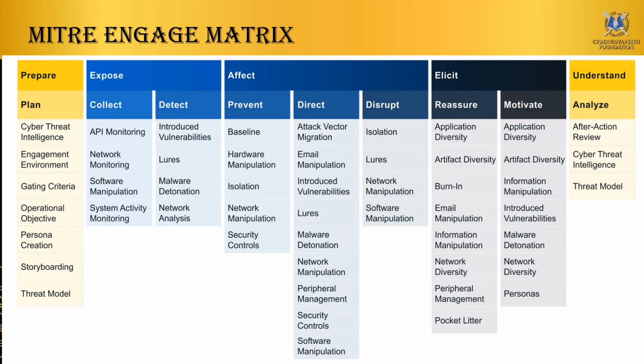And finally, you can motivate them to provide you more objective information about the attackers. And once everything is done, you have to analyze what exactly you got, what threat intelligence you generated out of that, and then redesign your threat models based on the new reality that you have received.